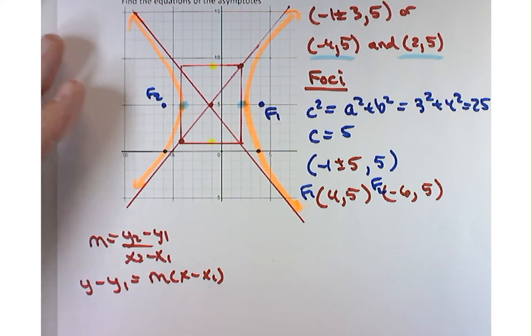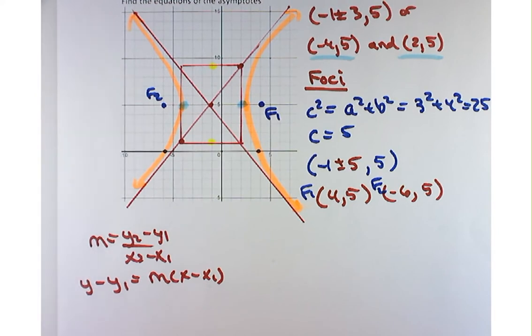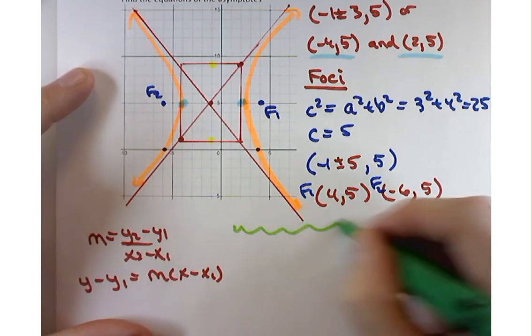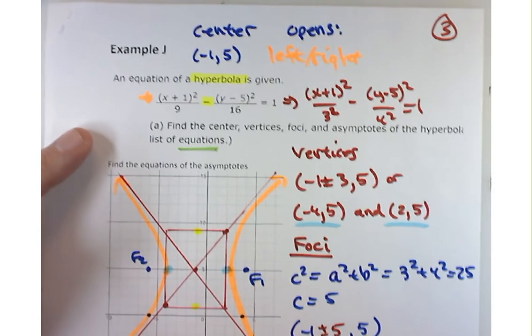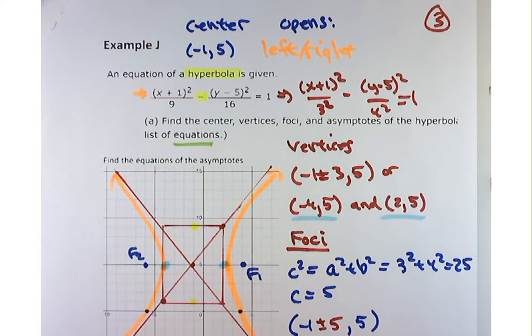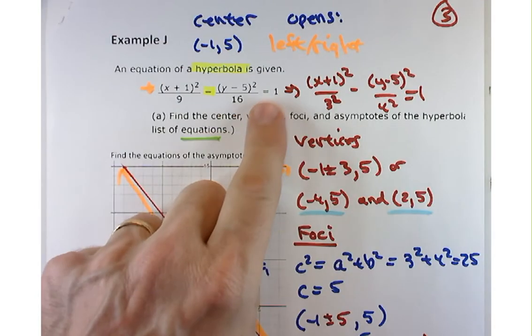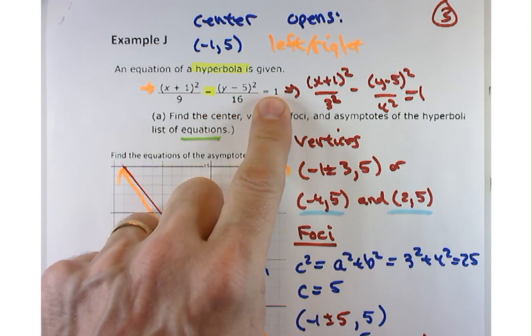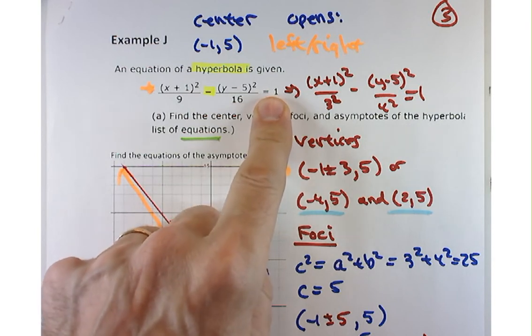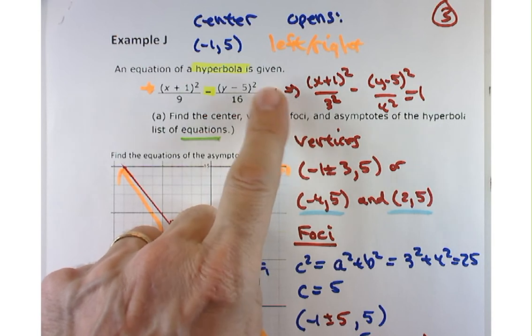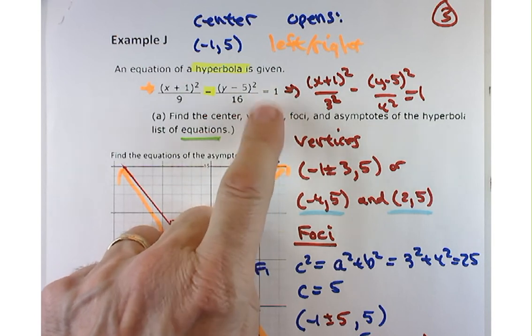But I've got a better way that I'm not going to take the time to justify here, but it works. So, disclaimer, you're not going to see this in the book. I don't know of anyone else that uses this. But I figured out a long time ago, if you want the equations of the asymptotes, a cheap way, an easy way to do that, is to set this equal to 0 and then solve for y.